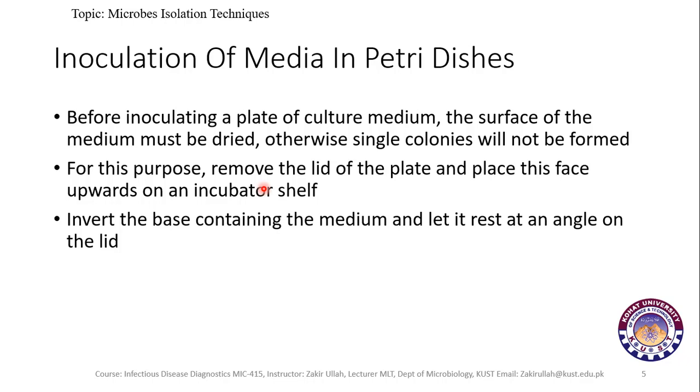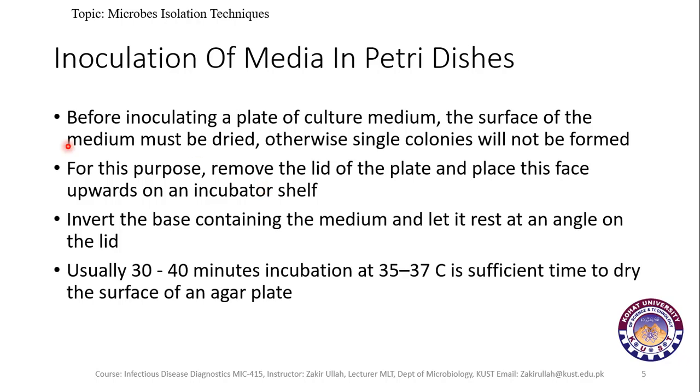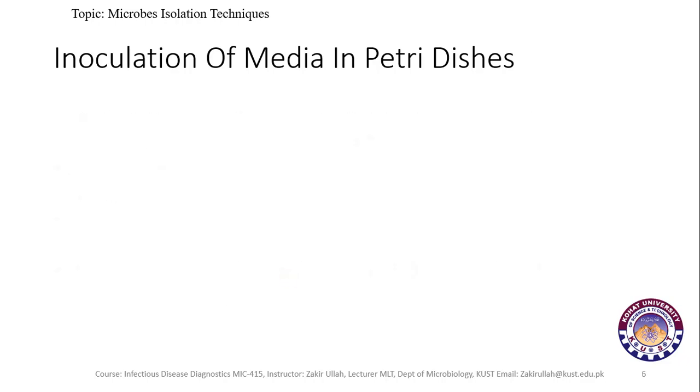So the lid is placed downward and the base containing the medium is placed above this lid in an upward direction. Give it 30 to 40 minutes at 35 to 37 degrees centigrade, or sufficient time so that the surface of the agar plates gets dry, and the inoculation and the growth is good for identification.